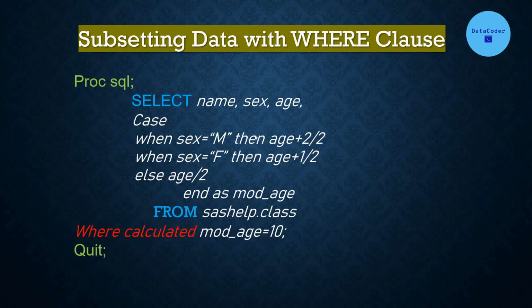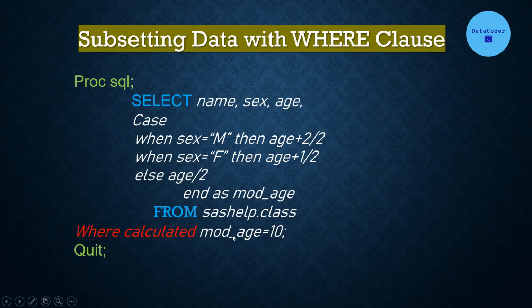Now here we have created this new variable, and when I want to use that new variable in the where statement, we can't use it directly because the where statement will execute before the select statement.